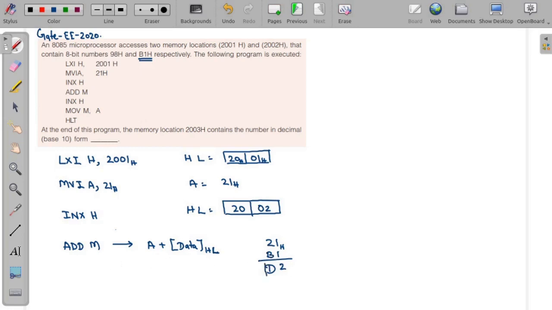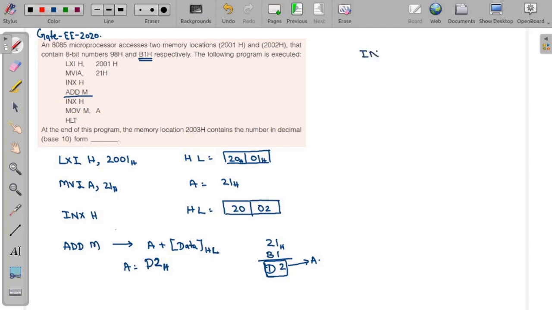And this D2, okay, this D2, where will it be stored? It will be stored in the accumulator, okay. So now my accumulator has the value D2H, okay. After ADD M, my value of accumulator is D2H. Now what is the next instruction?